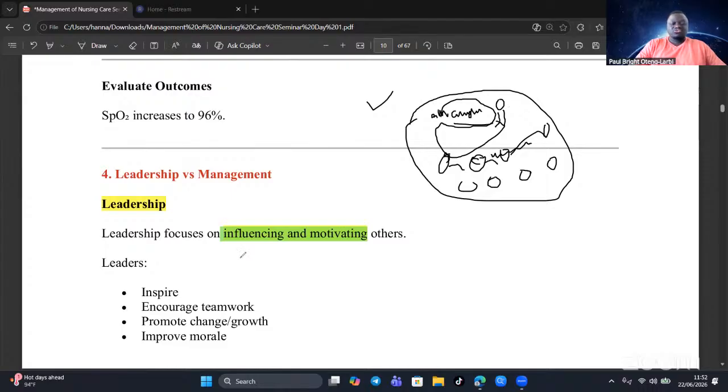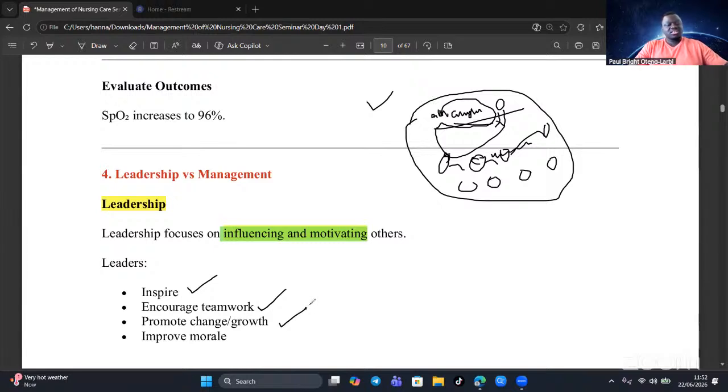So what do leaders do? They inspire, they encourage team workers. They motivate you. They can even buy food, give you gifts, everything to motivate you to work. But when you give them management, they struggle. Leaders always promote growth.